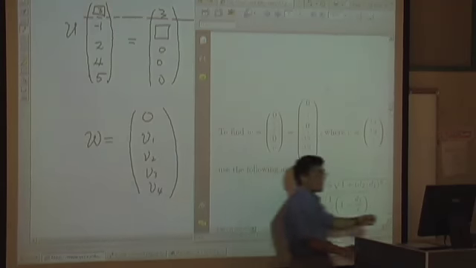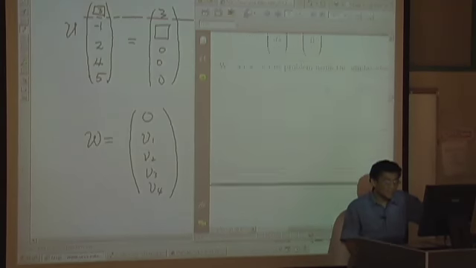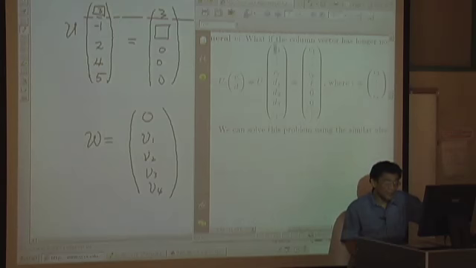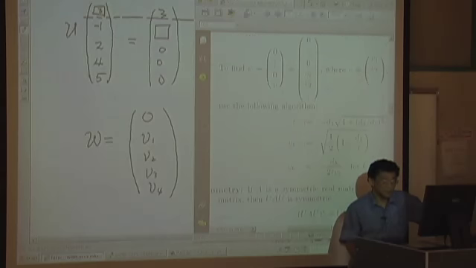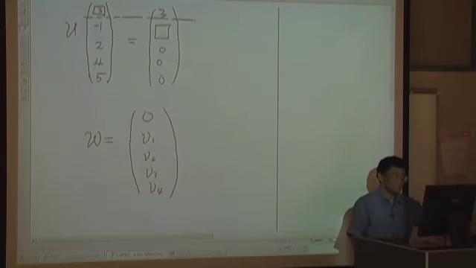Then the next step is determining L. But now take a look. D1 is not top one. Top one, the unchanged portion, used a different letter, C, right? Top one used C letter. So D1 starts at this point, right? So what is D1 in this case? What is D1? Negative 1 is D1. So as you can see, I will use this formula. I will just use this formula to determine it.